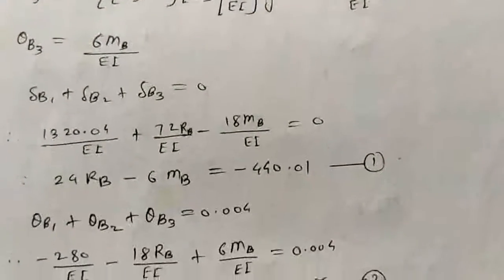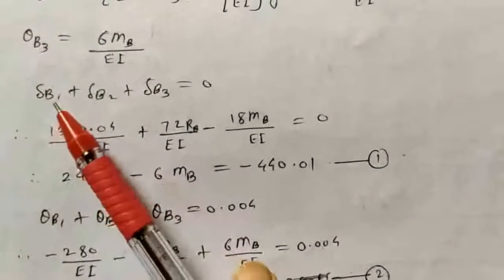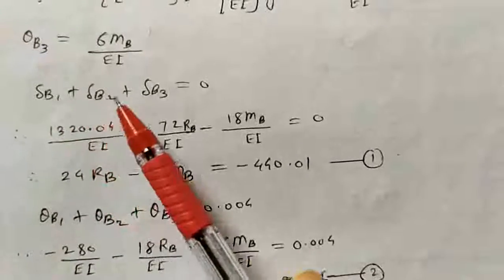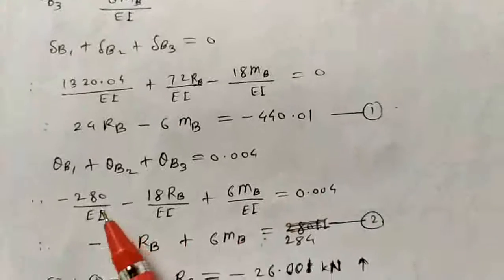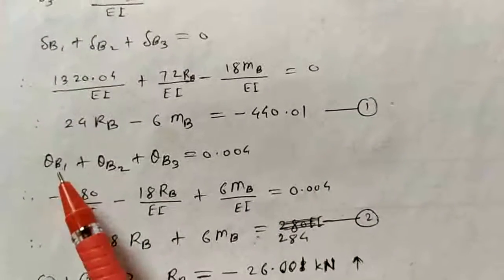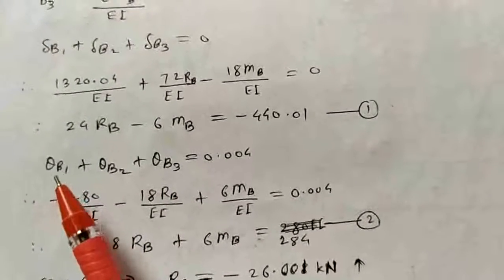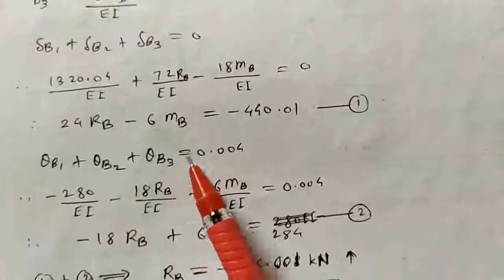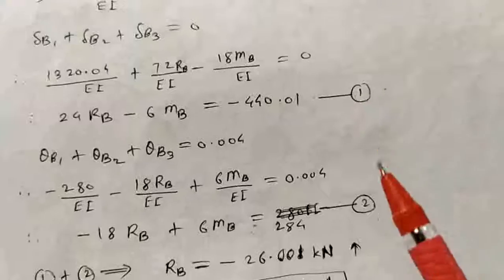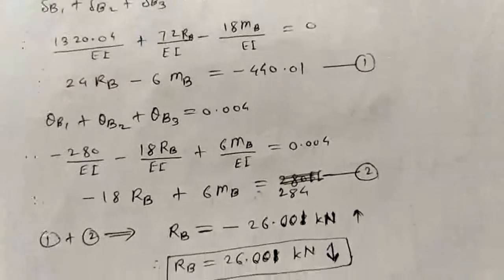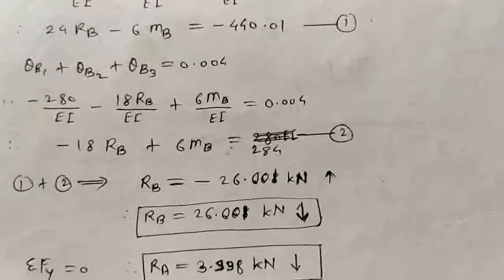Now use the compatibility conditions. Delta B1 plus delta B2 plus delta B3 equal to 0. We are getting one equation. Another compatibility condition is theta B1 plus theta B2 plus theta B3 equal to 0.004. We are getting this equation. Solve these two equations simultaneously, and you will get the values of RB and MB.